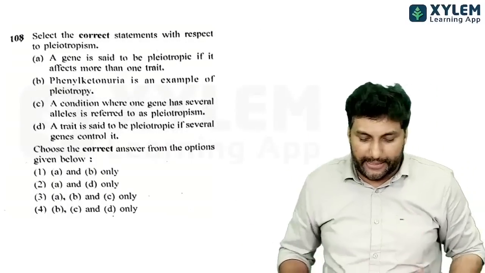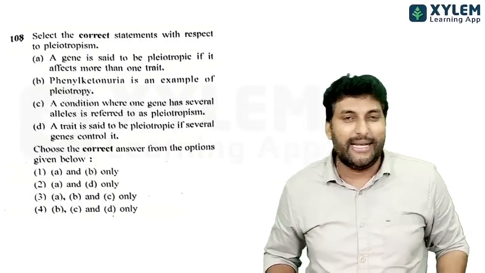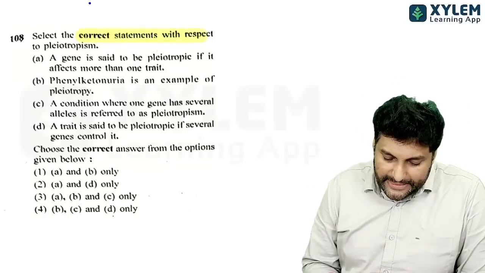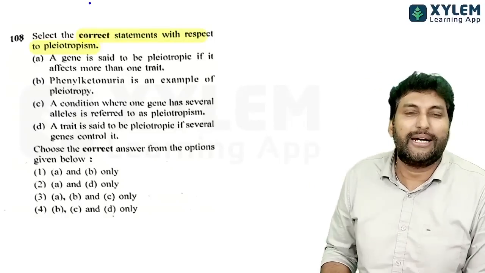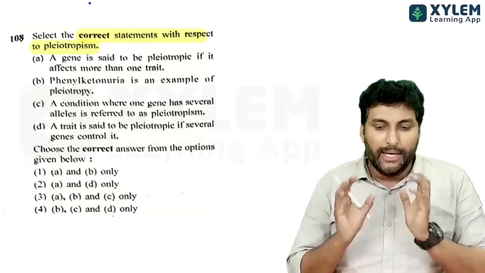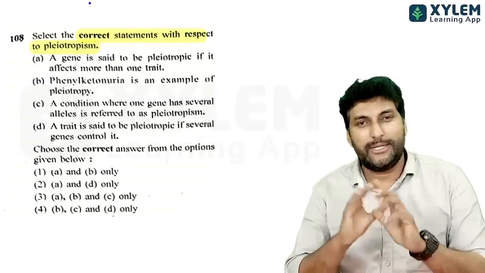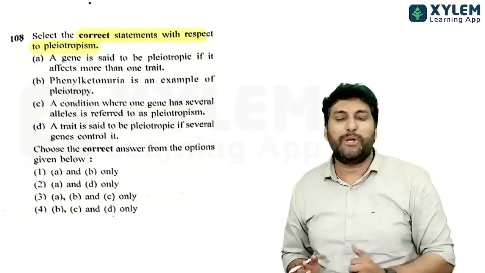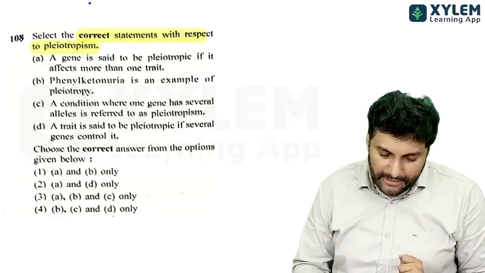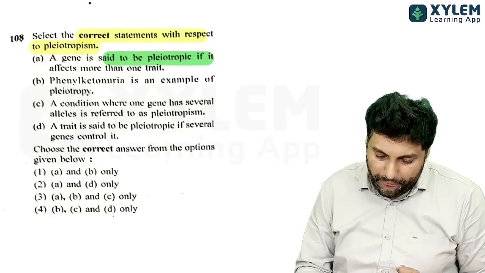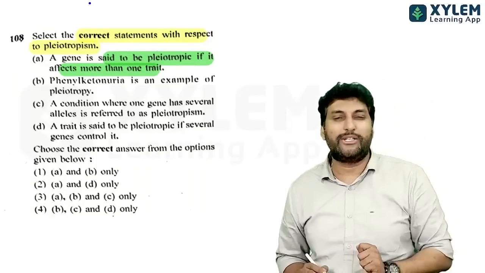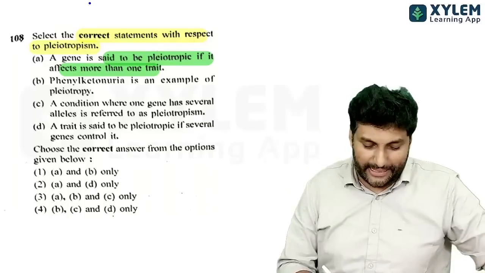You can see that it came from the chapter genetics, that is principles of inheritance. The question is: select the correct statement with respect to pleiotropism. Pleiotropism, you know that one gene controls numerous characters. Let's go to the first one. Option A tells that a gene is said to be pleiotropic if it affects more than one trait, more than one character.